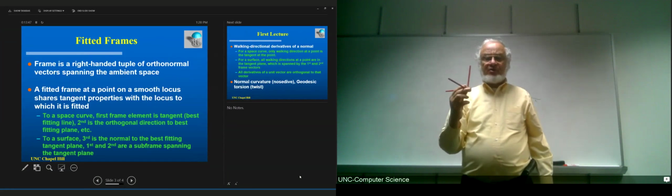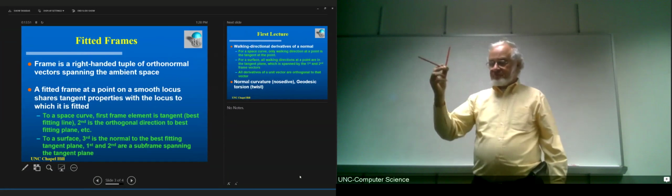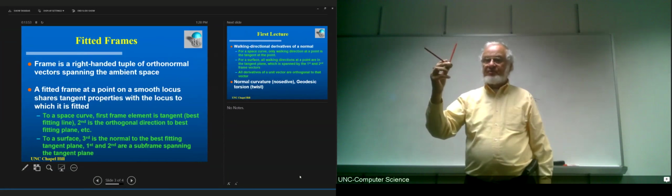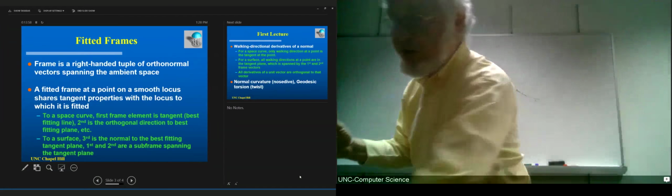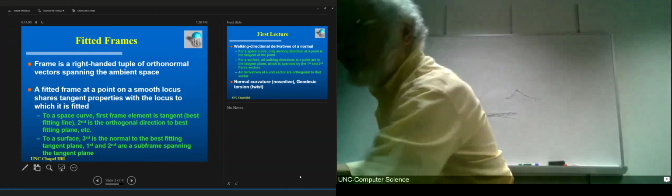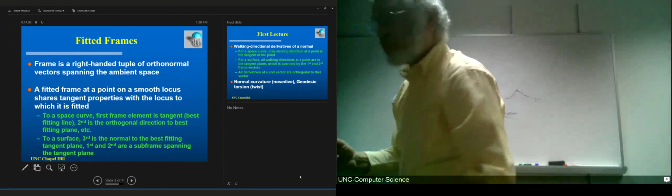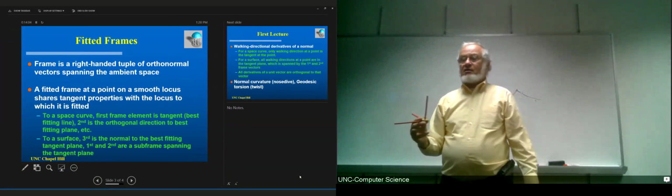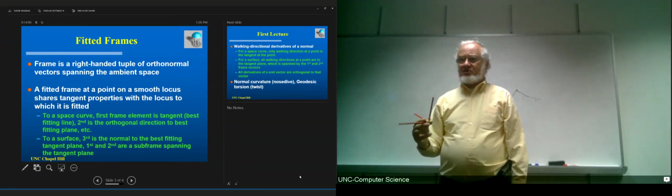I've already talked about what a fitted frame is. You take one of these frames and you have a particular locus you're interested in, like a space curve, or a surface, or a scalar function of 3-space.